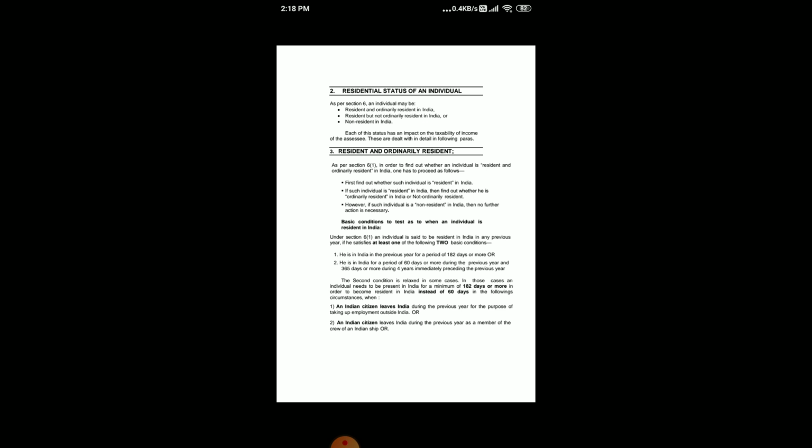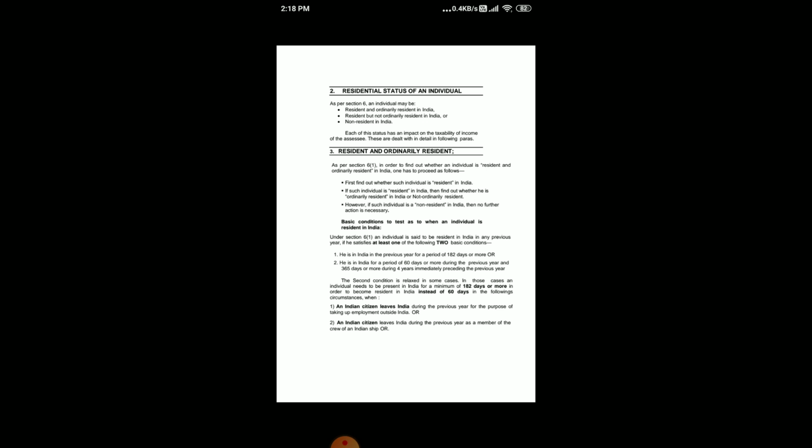The first basic condition is that he should stay in India for 182 days or more in the previous year, out of 365 days. Or he is in India for a period of 60 days or more during the previous year, and 365 days or more during the years immediately preceding the previous year.